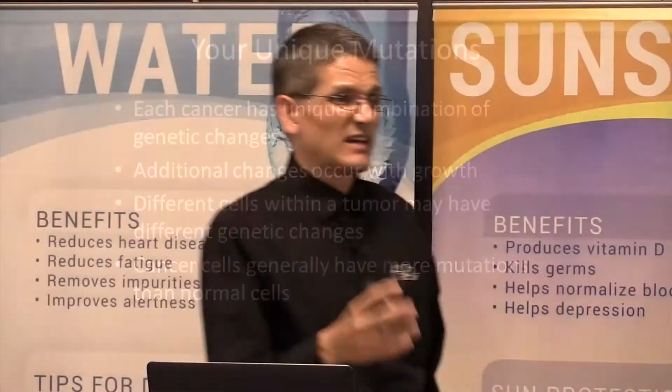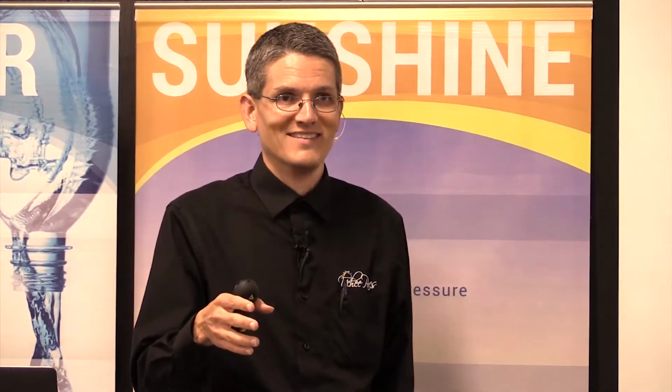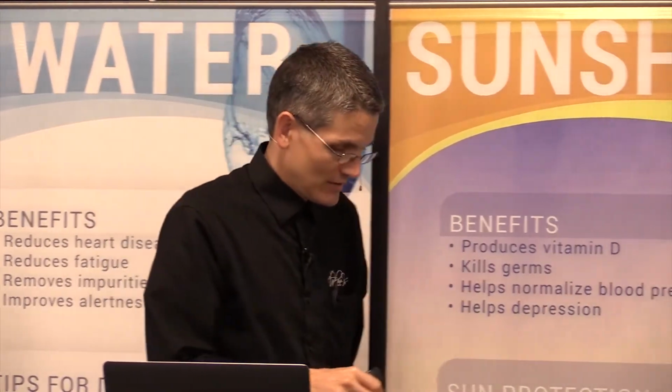But that being said, cancer cells are about 99.9% the same as normal cells in the body. So they're remarkably similar to cells in your body, but there are a few changes, very important changes, that happen in those cancer cells that change how they behave.